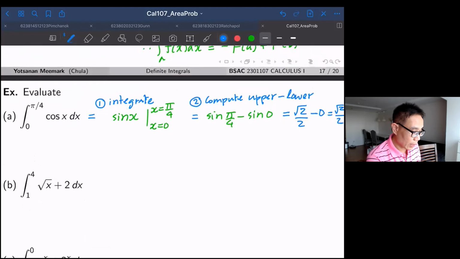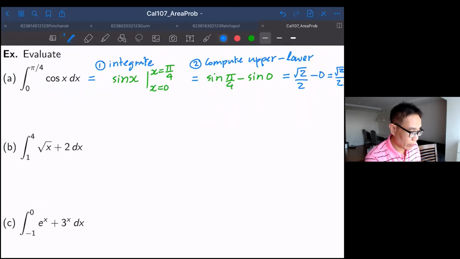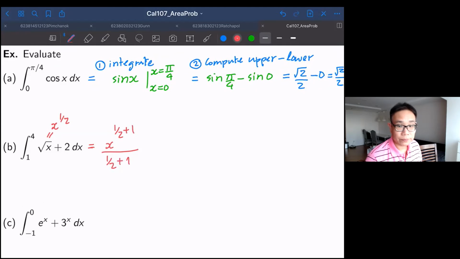The next one we have is the integral from 1 to 4 of square root x plus 2 dx. For this one, you're going to integrate square root x. Square root x is x to the 1/2, so you have x to the 1/2 plus 1 over 1/2 plus 1.